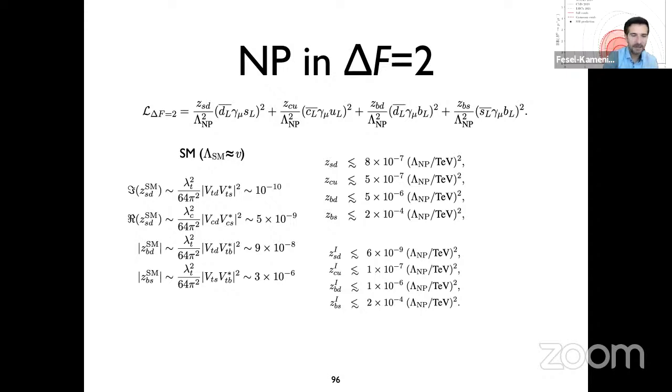At energies of the order of a GeV or so, the Wilson coefficients in the standard model are much, much smaller than 1. The scale, the lambda of the standard model, is the weak scale, but the Wilson coefficients are not 1. So the standard model is not a generic theory, because it has a very particular hierarchical flavor structure.